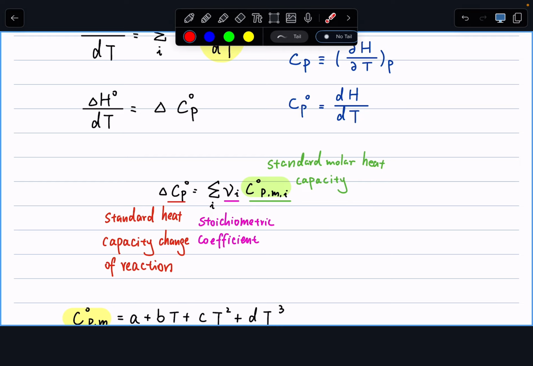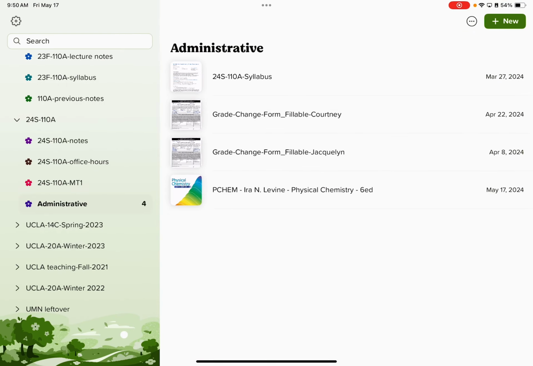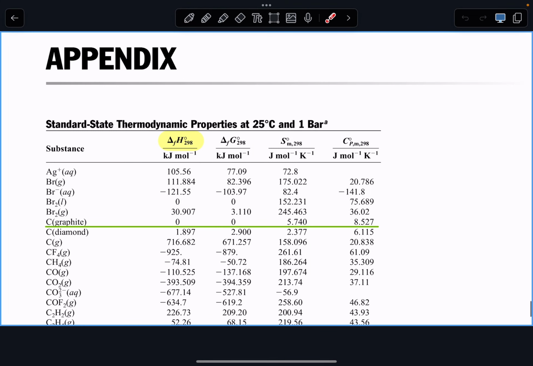And typically it will give you this Cp naught of that species, the standard molar heat capacity of a certain substance at 298 Kelvin or some other temperature, in your thermodynamic table. Just some information to look for in the thermodynamic table.